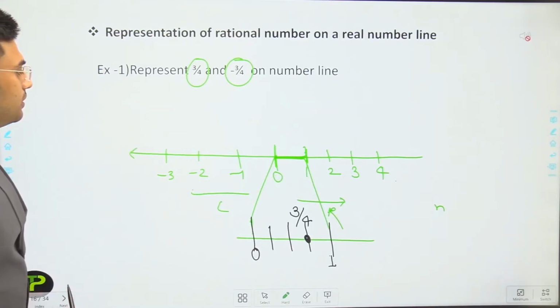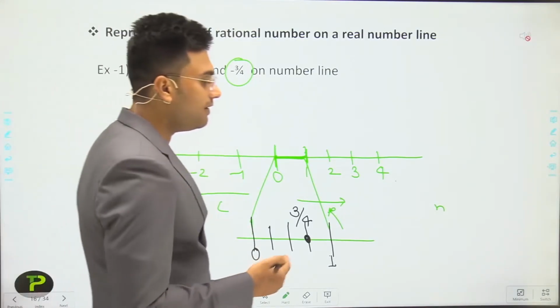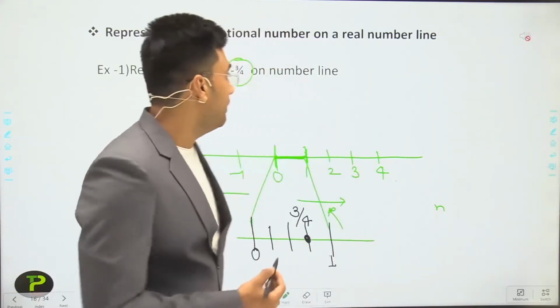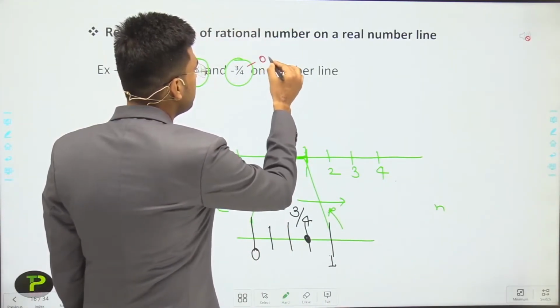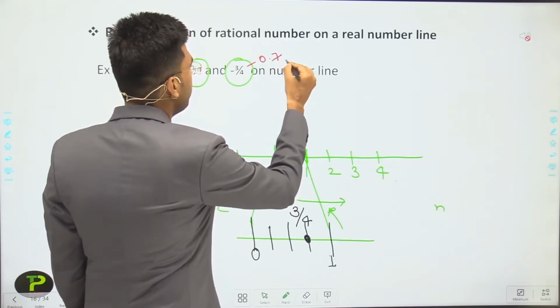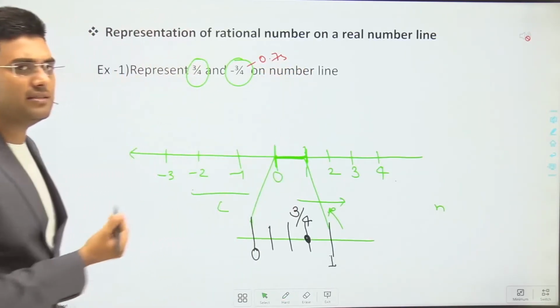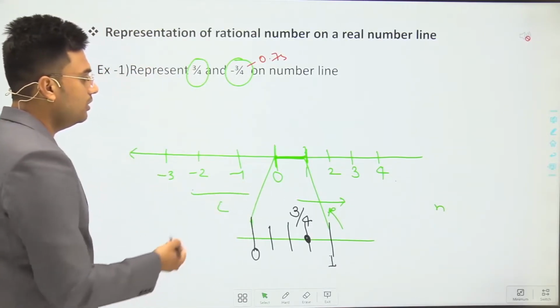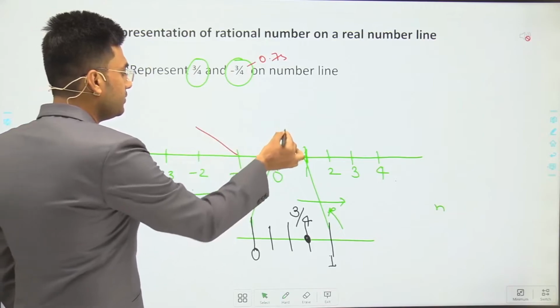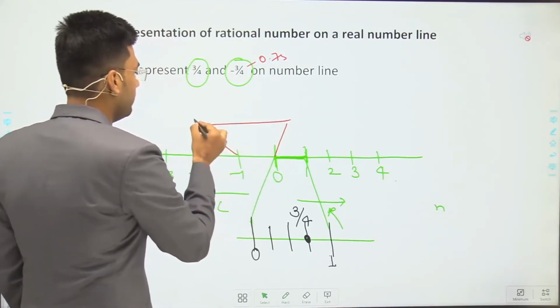Where does -3 by 4 lie? If we see that minus 3 by 4 is equal to minus 0.75, and minus 0.75 lies between minus 1 and 0. So now we divide minus 1 and 0 in 4 equal parts.